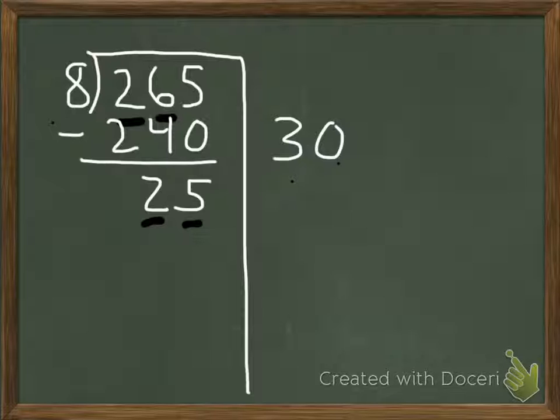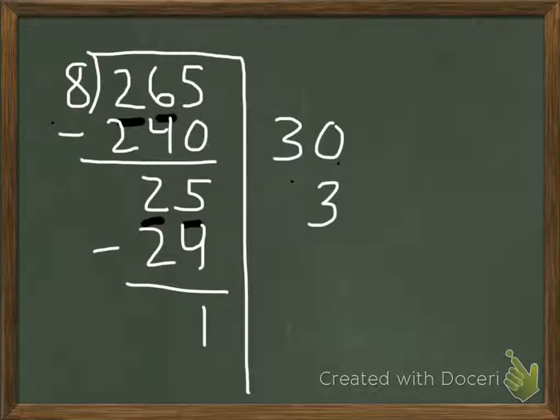So I'm looking at 25 instead of 2. Well, 8 times 3, like I said, so I'm writing my 3 out here, and you notice since I looked at my 1s place, which was that 5, I put my 3 under the 1s place. Now I can go 8 times 3 and get 24, and I subtract those 2 numbers, and I have, of course, a remainder of 1.